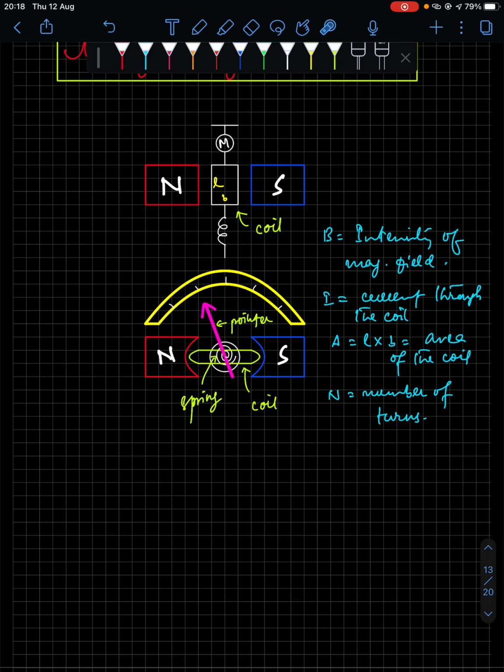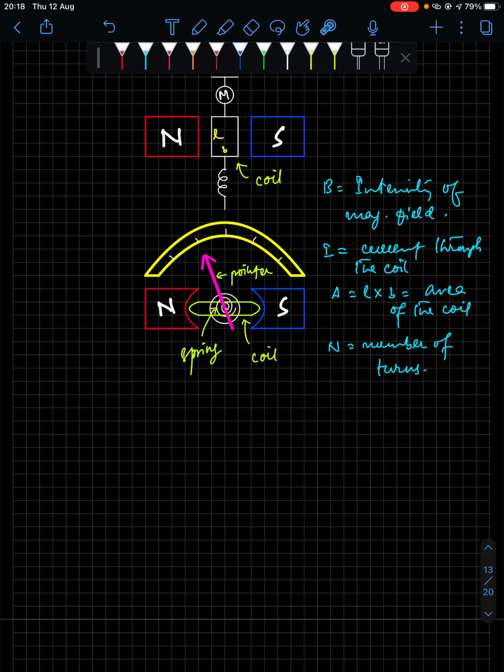This is a radial magnetic field. In a radial magnetic field, the direction of the area vector for this coil and the direction of the magnetic field are always perpendicular.